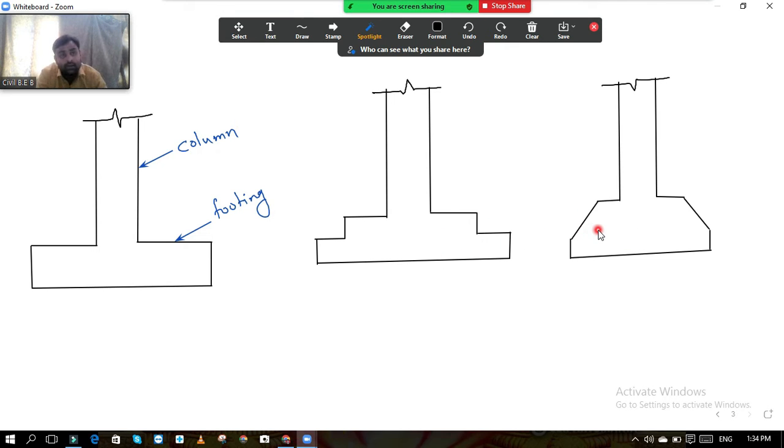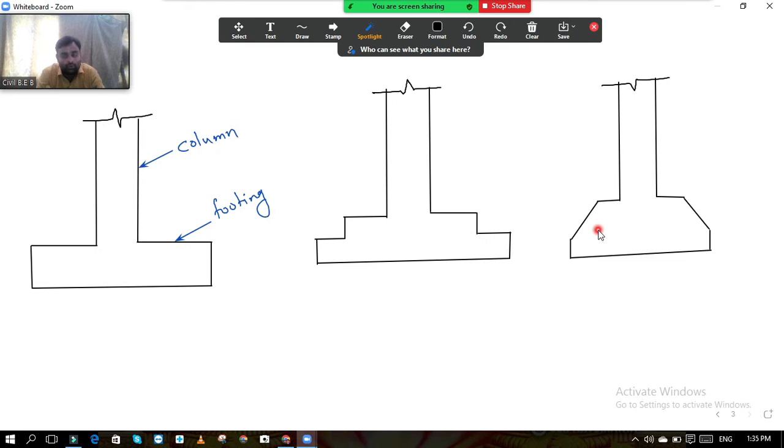Apart from this, sometimes what happens is, with the construction boundaries, whenever people do construction, sometimes they don't follow the laws given by the municipal corporation. They do excess construction.